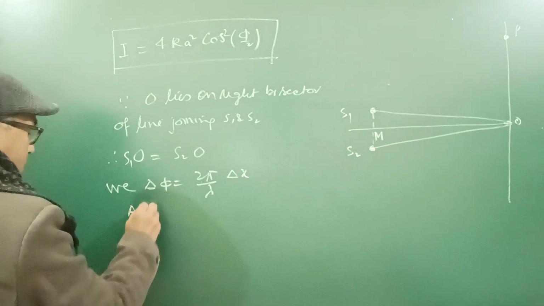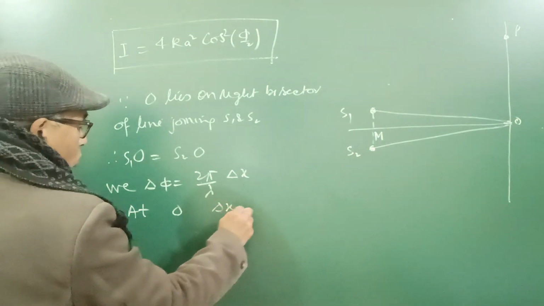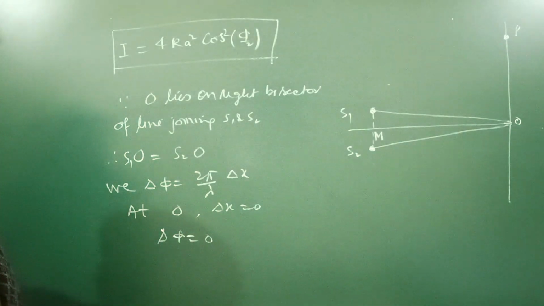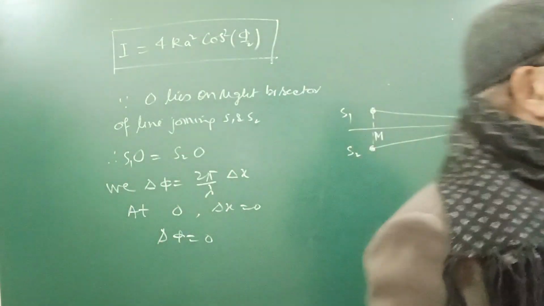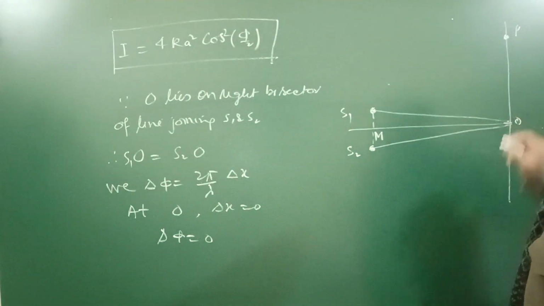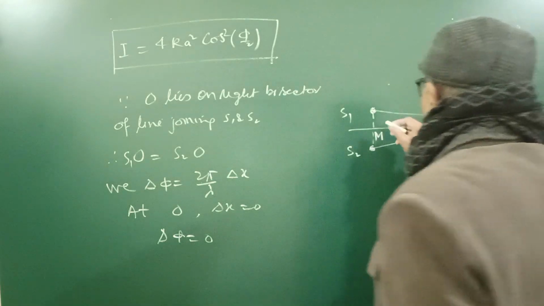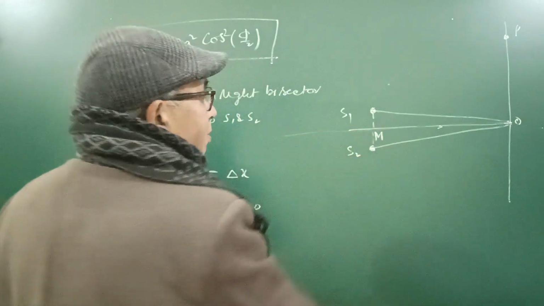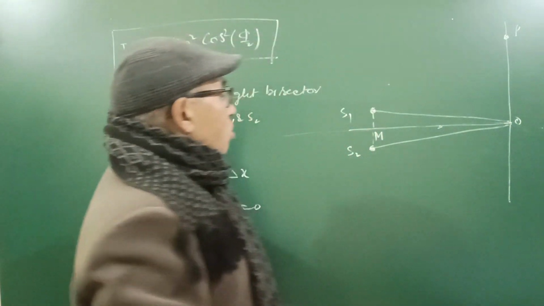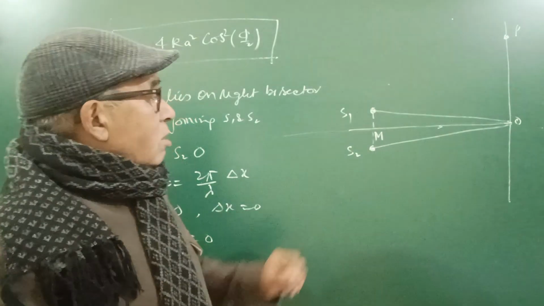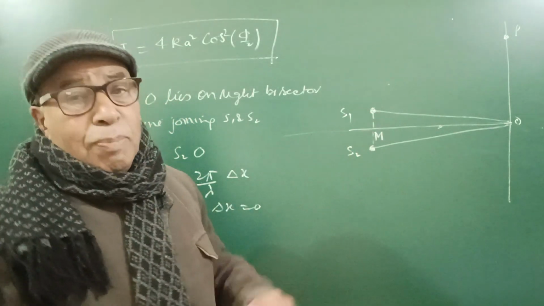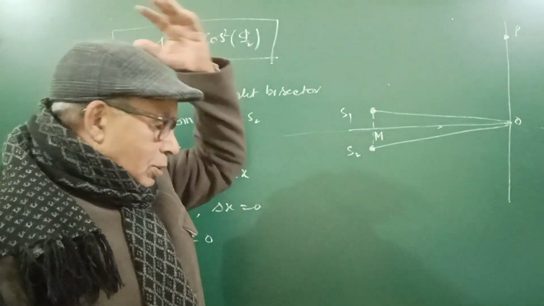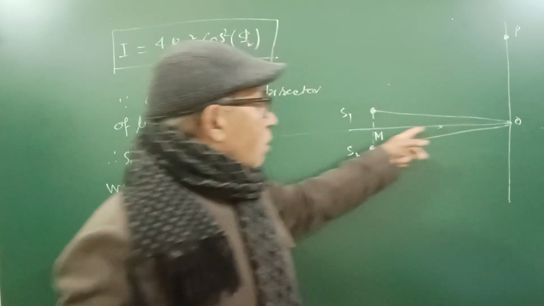At O, delta x is 0, so delta phi is 0. When the phase difference is 0, they meet in the same phase, so we get maximum sound, not only at point O. Wherever you come along this line, you will get maximum intensity, because S1, S2 are in the same phase. If S1, S2 are in opposite phase, then along this line you don't get sound, if A1 is equal to A2.